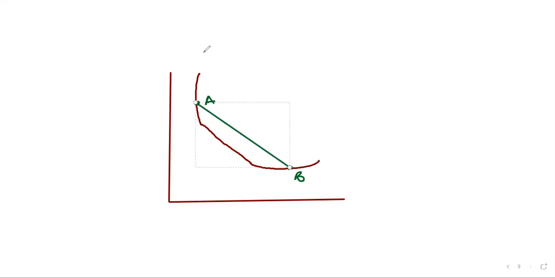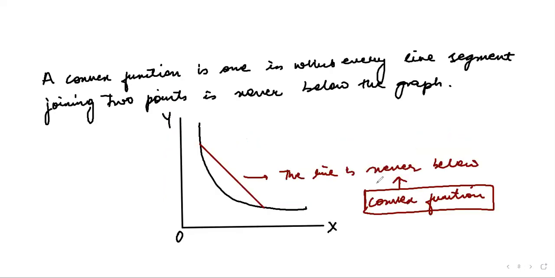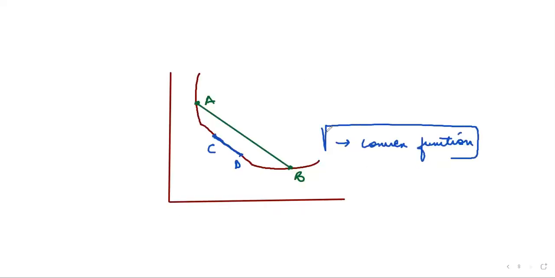But if I take these 2 points and I join them, they are on the graph, but they're never below the graph. So this is a convex curve. But this was a strictly convex function. And this is just a convex function.